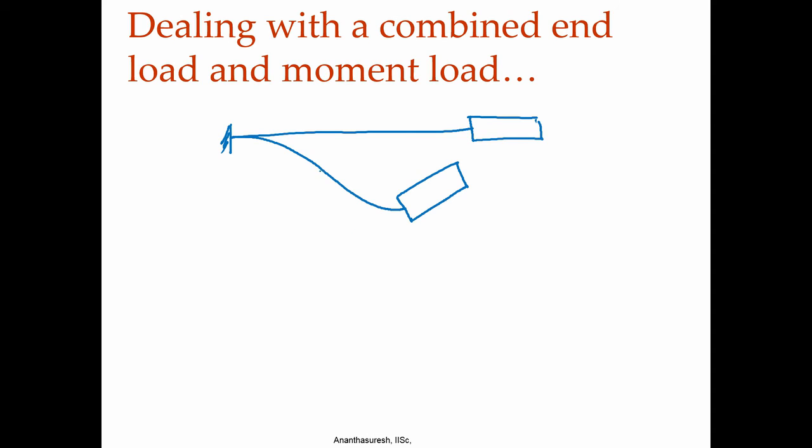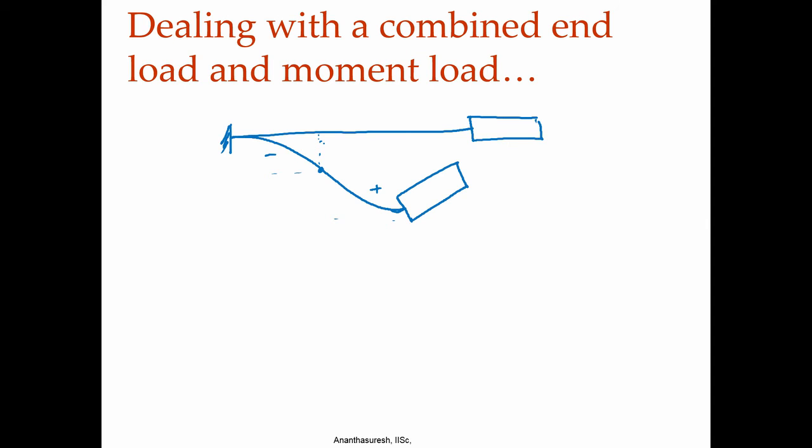So, when it goes like this, certainly the curvature is 0 somewhere, it changes sign, let us say from negative to positive curvature over here, but that does not necessarily happen at the midpoint as it happened in the fixed guided case. So, when we allow rotation and translation for this, whichever way it goes, where it happens we do not know. Once we know, at that point we can say this is a cantilever beam, this is a cantilever beam of unequal length, but we can still do it.